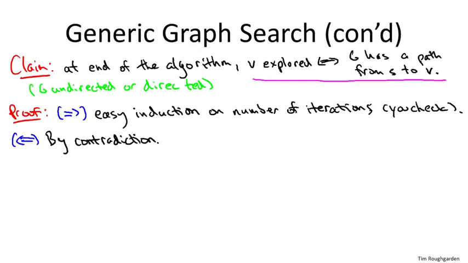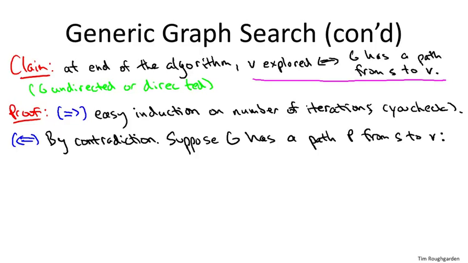We're going to assume that the statement that we want to prove is not true, which means that it's possible that G has a path from S to V, and yet somehow our algorithm misses it, doesn't mark it as explored, right? That's the thing we're really hoping doesn't happen. So let's suppose it does happen and then derive a contradiction. So suppose G does have a path from S to some vertex V, called the path P. I'm going to draw the picture for an undirected graph, but the situation would be the same in the directed case.